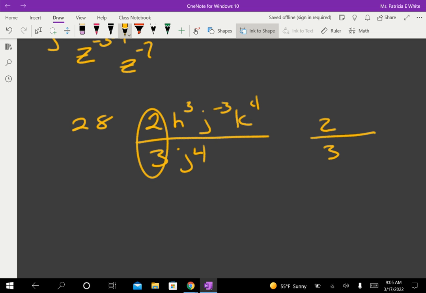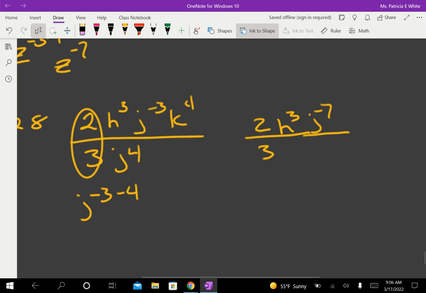Are there any other h's? Nope, bring it along. J's, I've got 2 j's, so I've got j to the negative 3 minus 4. Gives me j to the negative 7. Do I have any other k's? Nope. Just bring it along. If there's nothing to simplify it with, then you just bring it along.